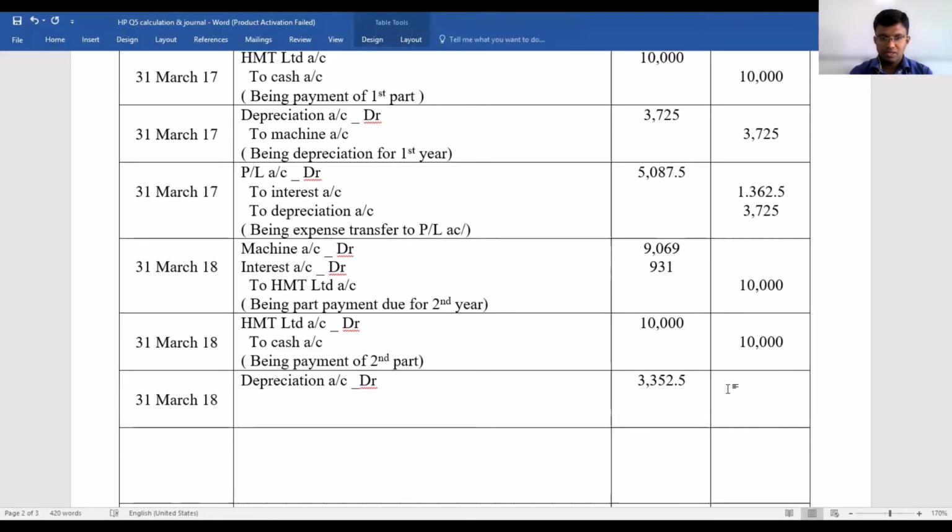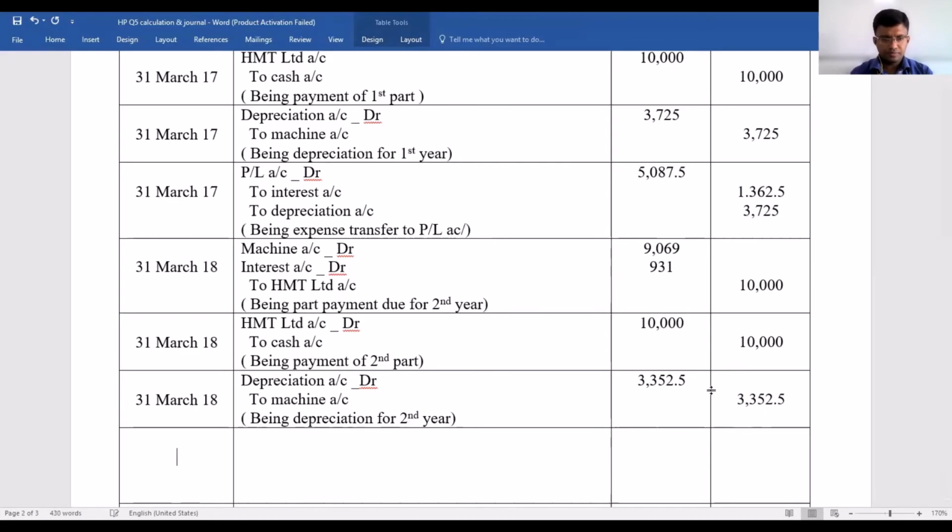So this is the depreciation: depreciation account debited to machine account, 3,352.5, being depreciation for second year.